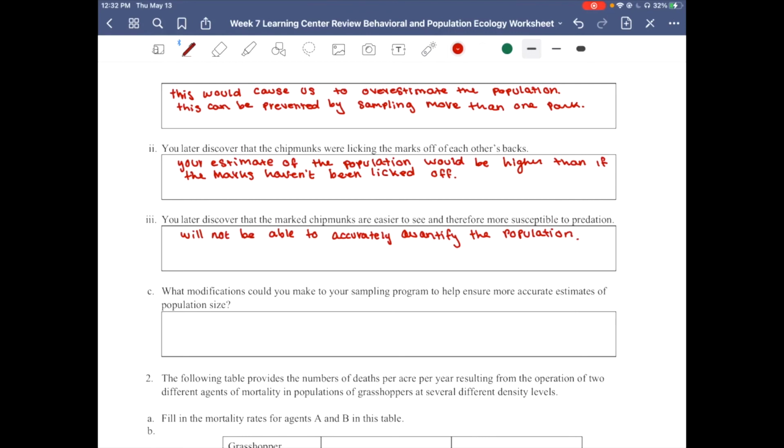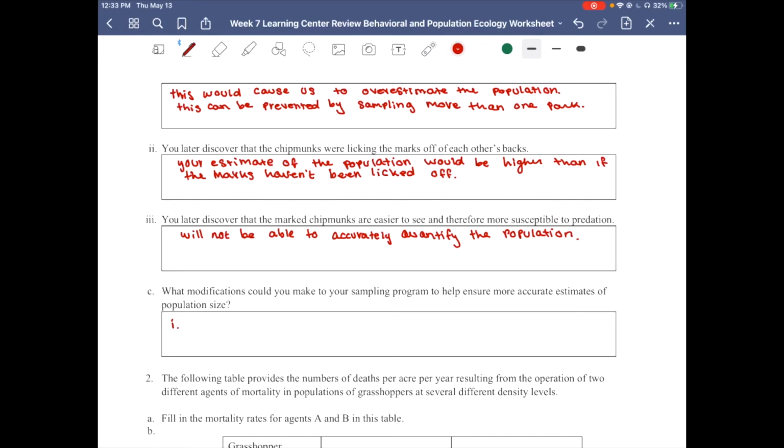All right, I can start off with one. Oh, let's see, we have an answer. Use tags that they don't like to lick and also put the tags where the predators can't see them. Yes, that is a great answer.